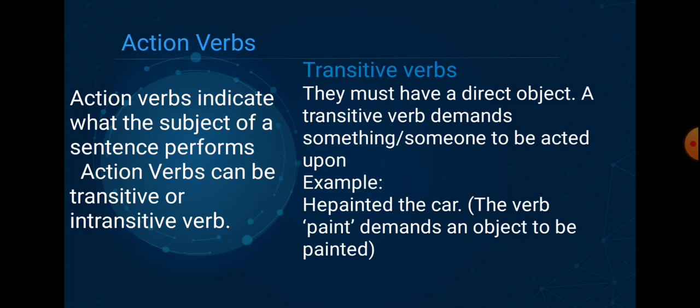Look at the example, he painted the car. He painted, so what did he paint? The meaning of the sentence is incomplete without the car. So the object, the car, is compulsory here.